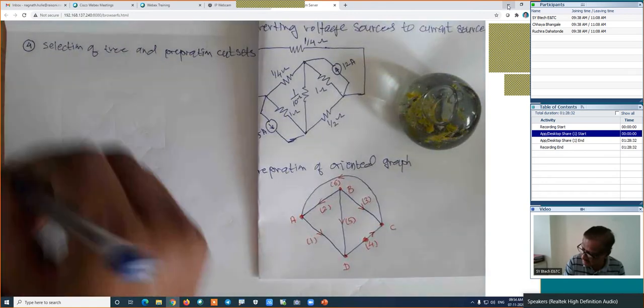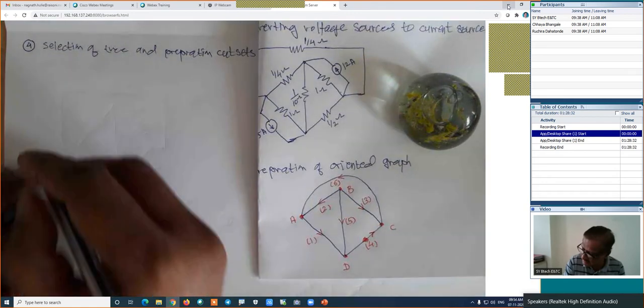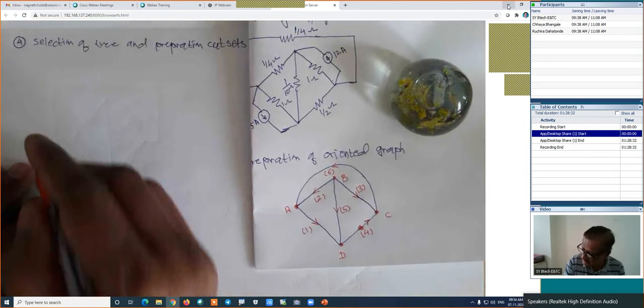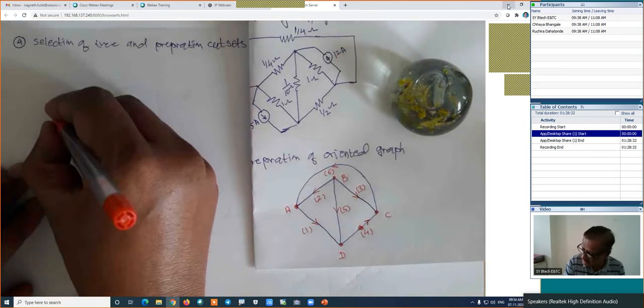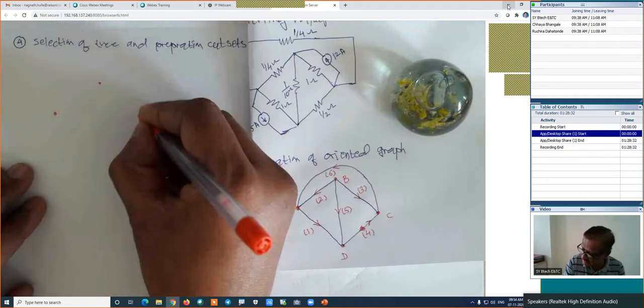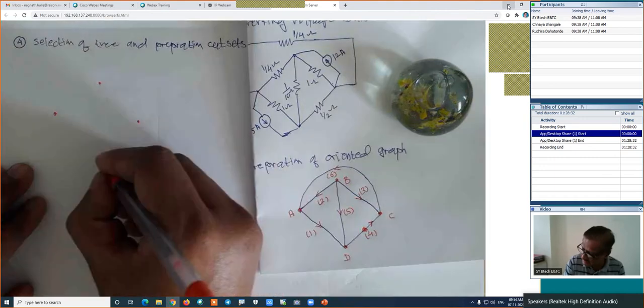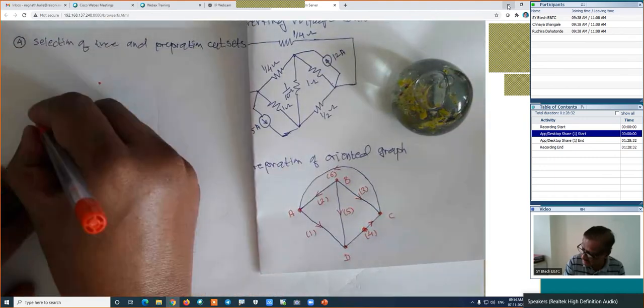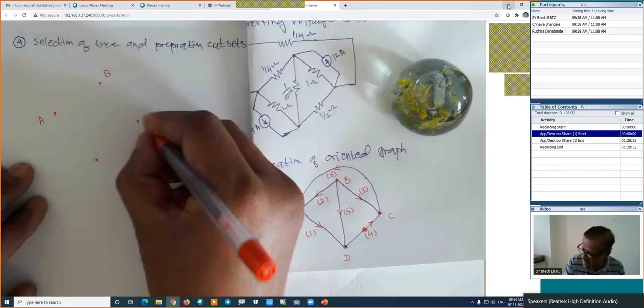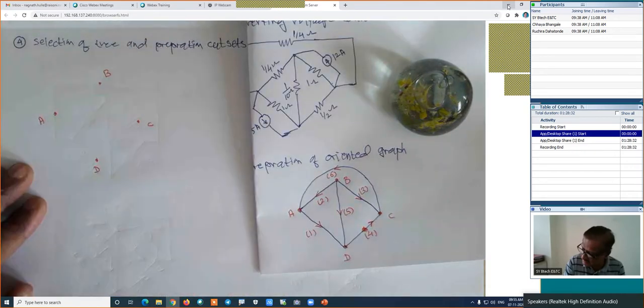To begin with, deliberately, I will assume a little complicated tree, because if a complicated tree is given in the examination, you must be in a position to find its solution. That is the motto behind that. In this case, this is node A, this is node B, this is node C, and finally it is node D.